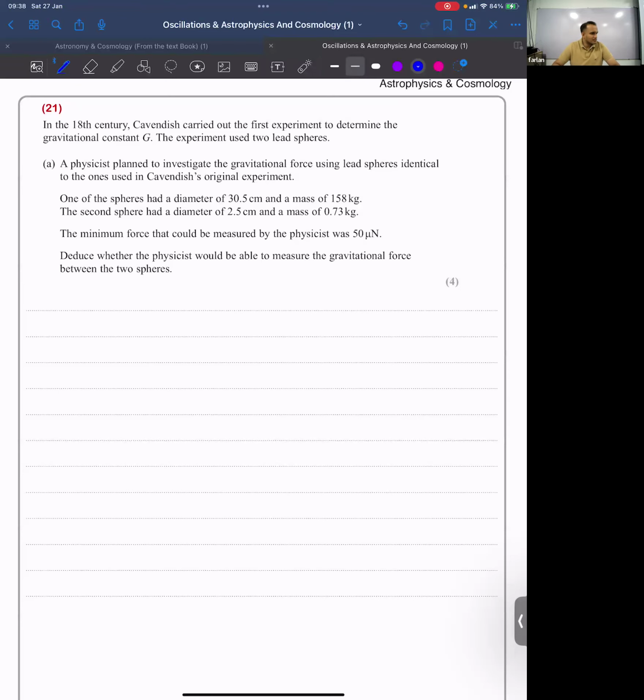Can you please try? It's a very easy one. All you need to do is F equals GMm over r squared. So these are the two spheres. One has a diameter of 30.5 centimeters, which means the radius is half of that, 15.25 centimeters.